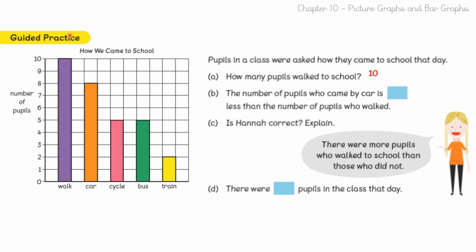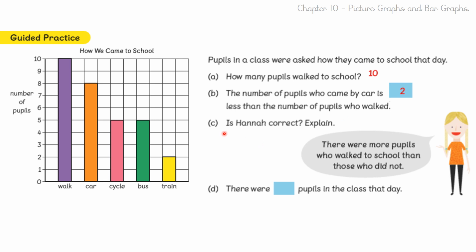So we can see that 10 children walked to school, and how many did go by car? 8 children. So what's the difference? 10 take away 8. There is a difference of 2. So the number of pupils who came by car is 2 less than the number of pupils who walked.